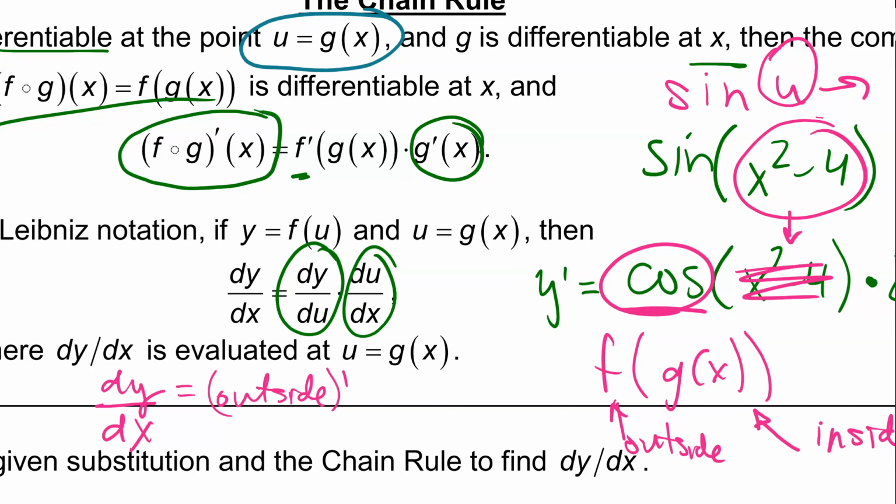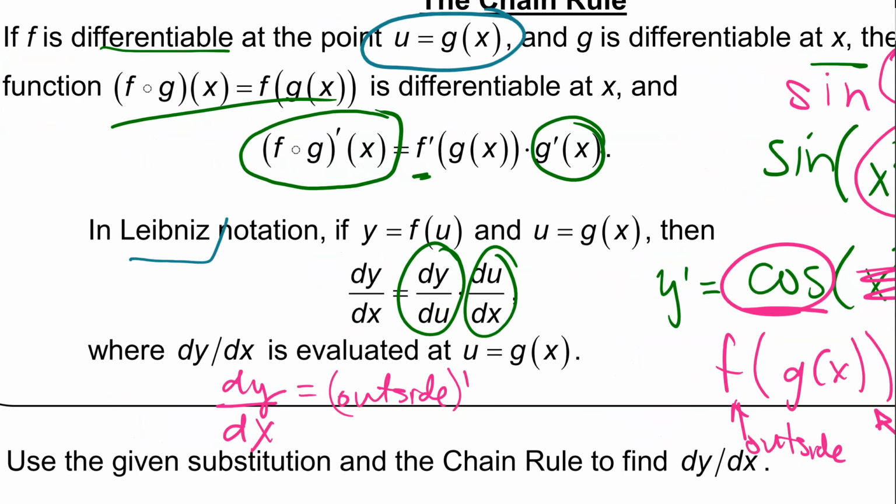So what is Leibniz? He's German, that's his last name. Newton and Leibniz independently invented calculus.